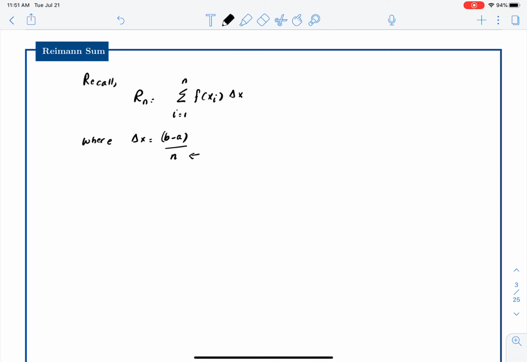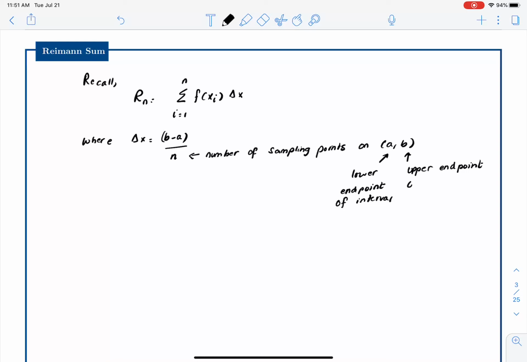So n would simply be the number of sampling points on a, b. A is the lower endpoint of the interval. B is the upper endpoint of the interval.